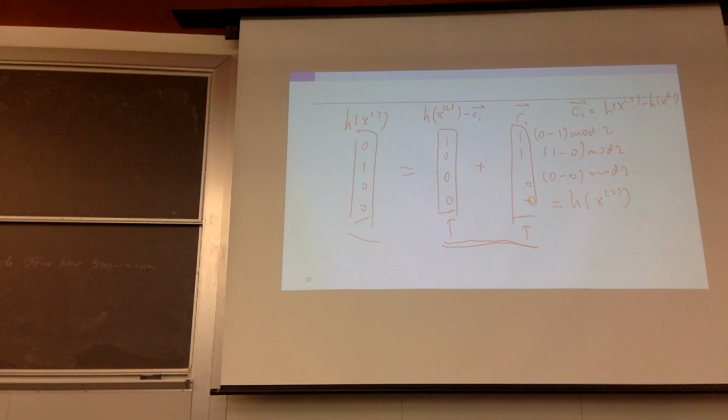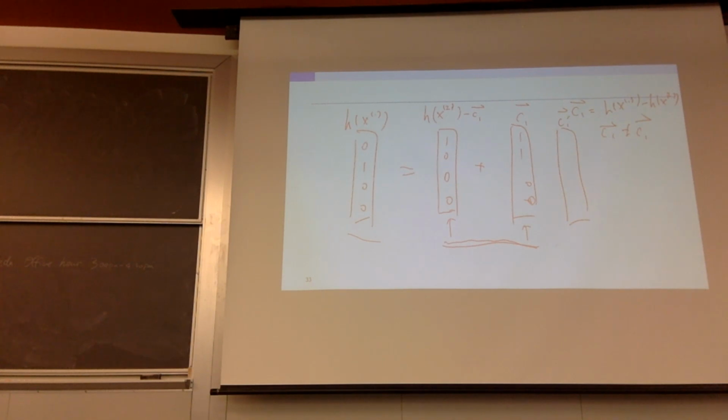So the next thing to prove is that any other choice of C1 doesn't give you the same hash value. Let's say there's another C1 prime, and C1 doesn't equal C1 prime.